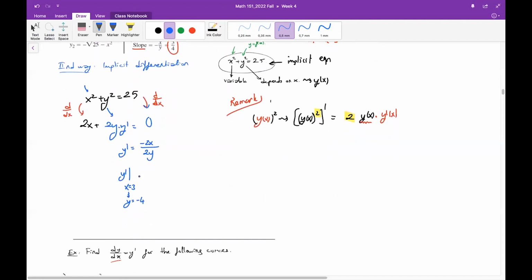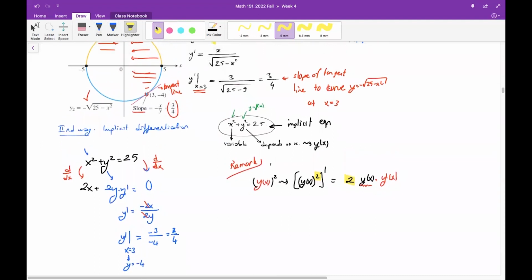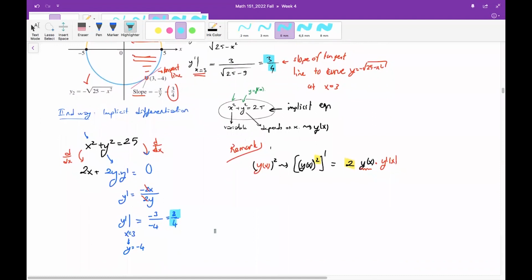And then inserting these two values into our expression for the first derivative, we obtain minus 3 over, after simplifying these two, minus 3 over minus 4, so 3 over 4. You see, we obtain the same slope as we obtained above. 3 over 4, 3 over 4.